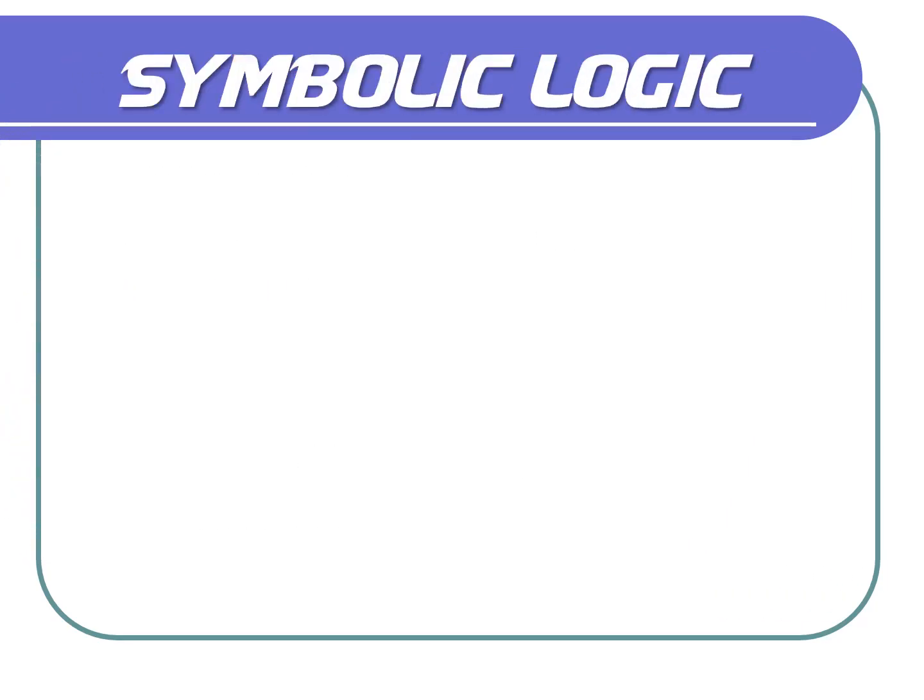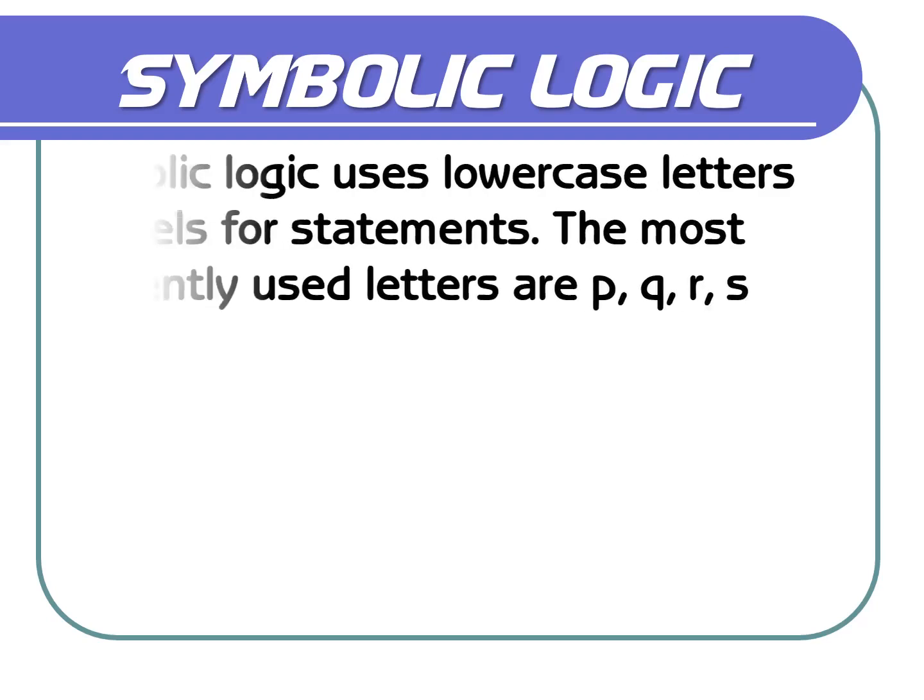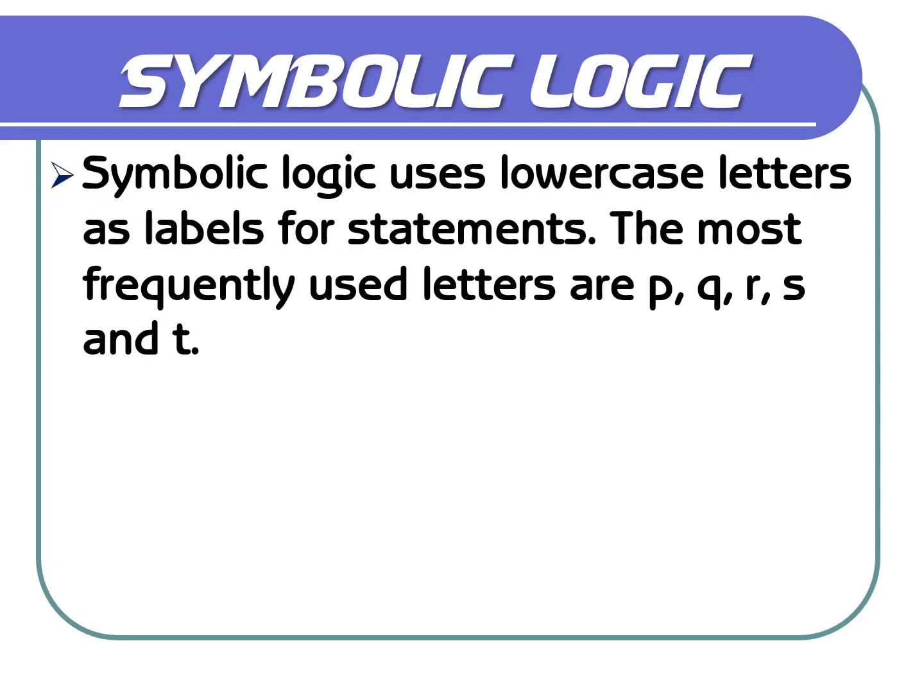Okay, let's move on to symbolic logic. It enables us to solve complex problems. The symbols in logic, like those in algebra, are important aids to thinking. When we say symbolic logic, they are usually lowercase letters which are used as labels for statements.